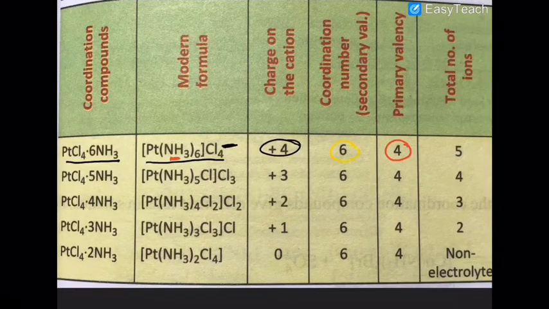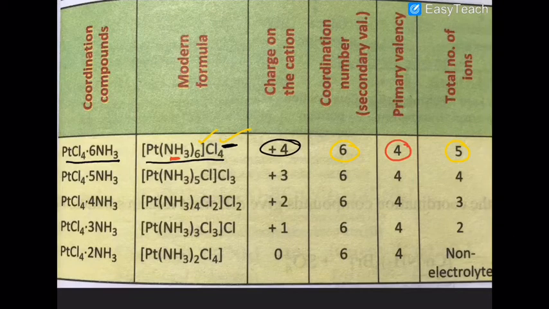Total 4 ions of chloride and 1 ion of complex are found. So 5 is the total number of ions here.